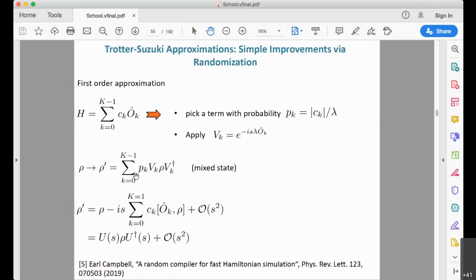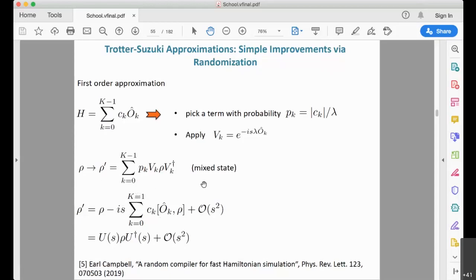If I do a Taylor series expansion of the new quantum state, rho prime, then I can see that at zero order, I haven't done anything. At first order, basically, I do this operation, right?